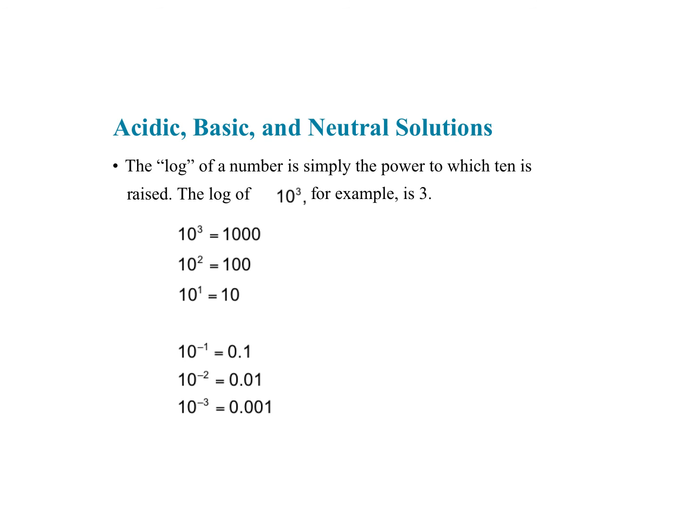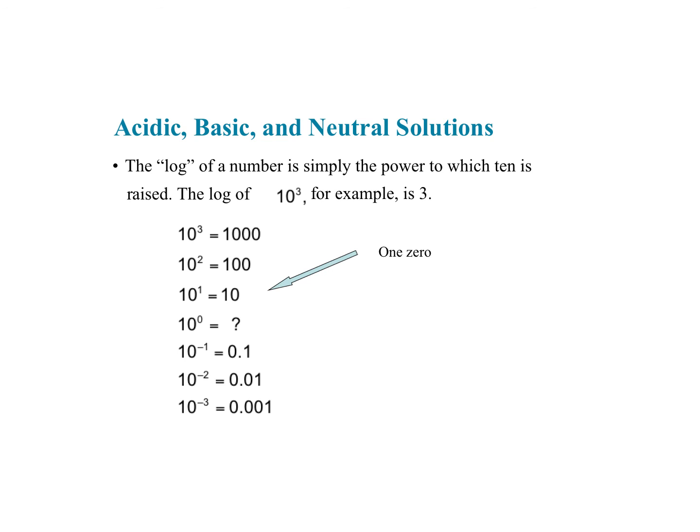If the exponent is negative, and I count the zeros before the last digit, the number of zeros is again the number of my power. And when I take my logarithm, that's the number that I'll get. So here we see 3 zeros for 10 to the third, 2 zeros for 10 squared, 1 zero for 10 to the 1 power, which is just 10.